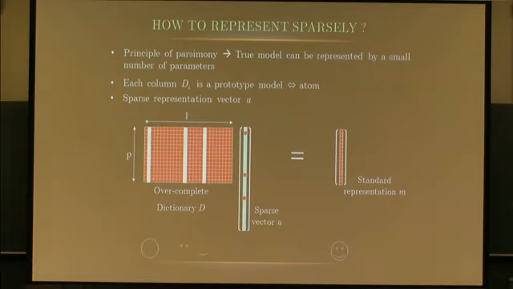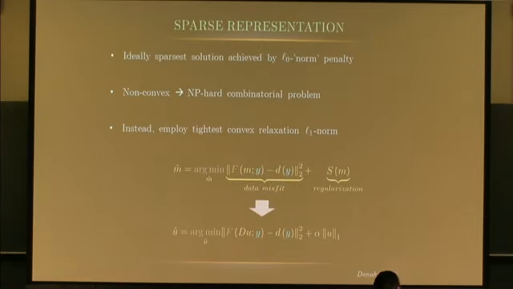So using a sparse representation is a far more efficient way to describe things, and I'll talk about it a little bit more in depth in a few slides. Ideally, we would like to use the so-called L0 norm penalty. It's a non-convex, NP-hard combinatorial problem.